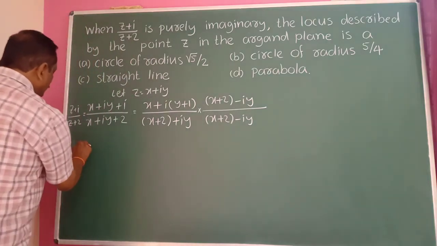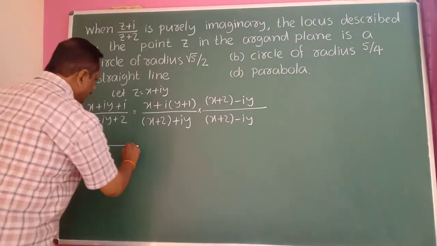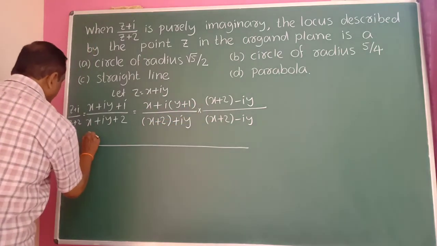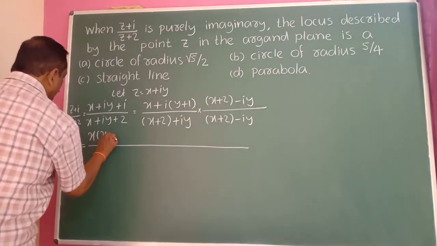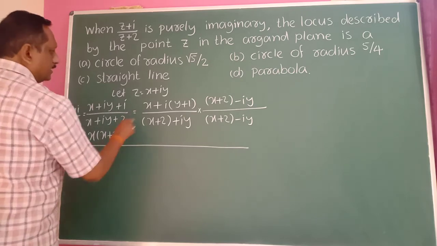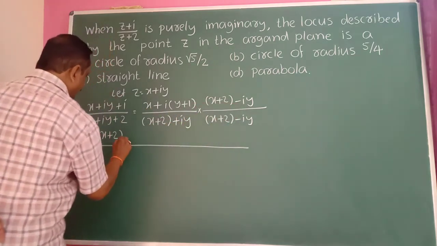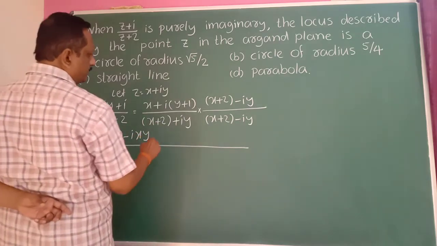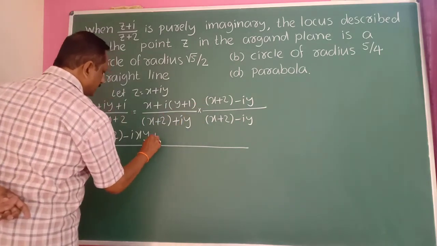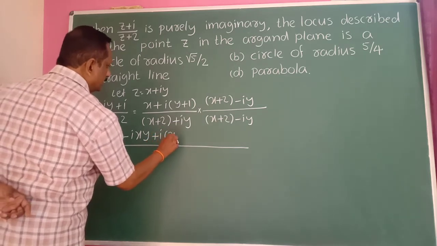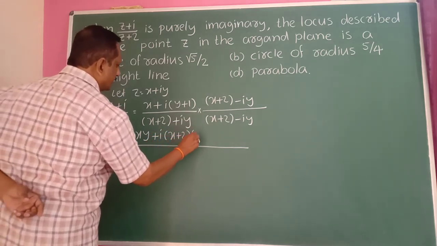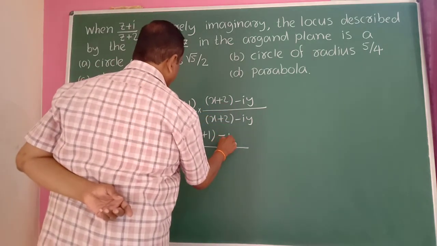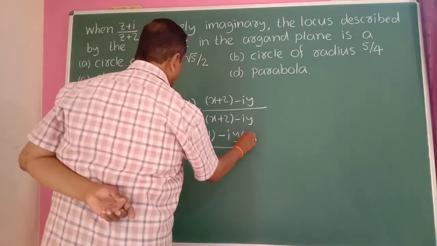Yes, this is equal to, multiplying the numerator terms: x into (x plus 2), then x into minus iy, minus i into xy, then i into (x plus 2) into (y plus 1) here, and plus into minus becomes minus i into y into (y plus 1).